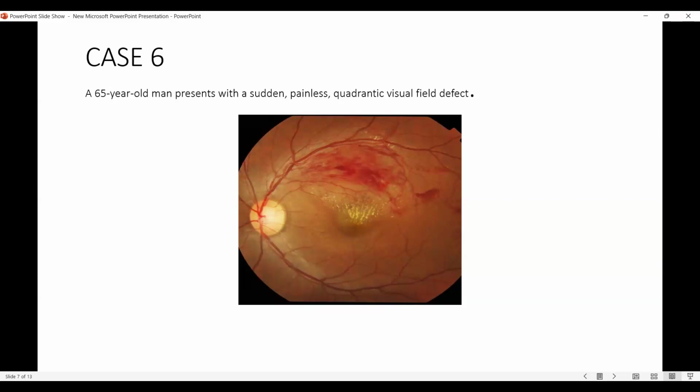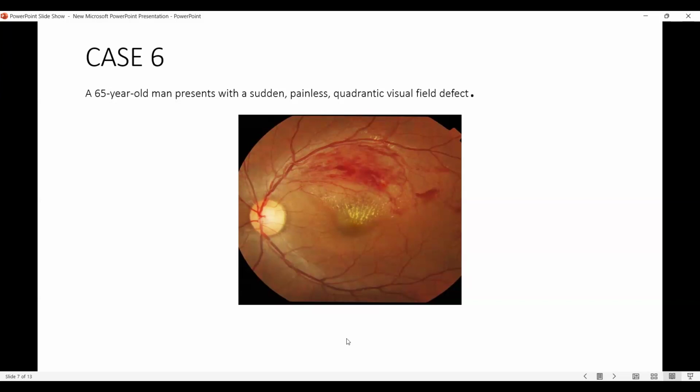And hypersensitivity to the drug. It is rare, but it can be there. If there is hypersensitivity to the drug, then you cannot give it. Pregnancy is also a relative contraindication.